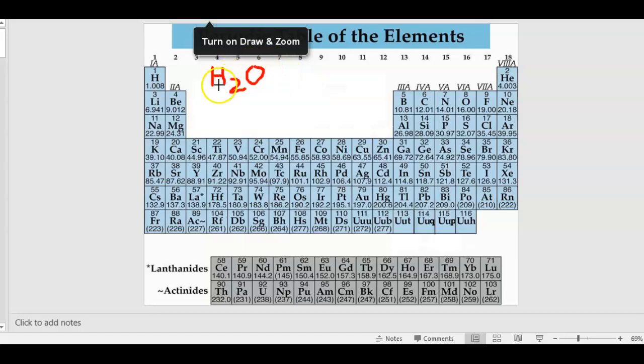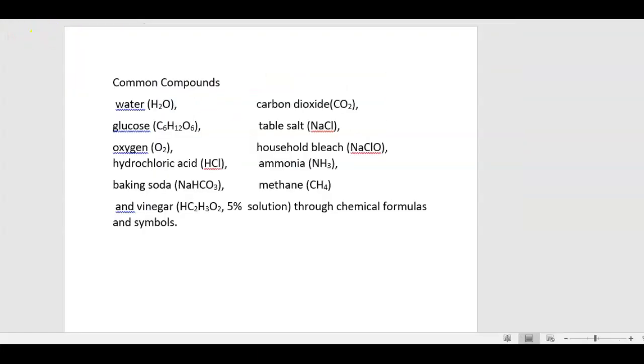If you're seeing two capital letters written and there is no mathematical symbol in between them, then they're a compound. If I say H plus O, there are two separate elements. If I say H2O and there's no plus sign, no equal sign, you now know that that's one simple compound.